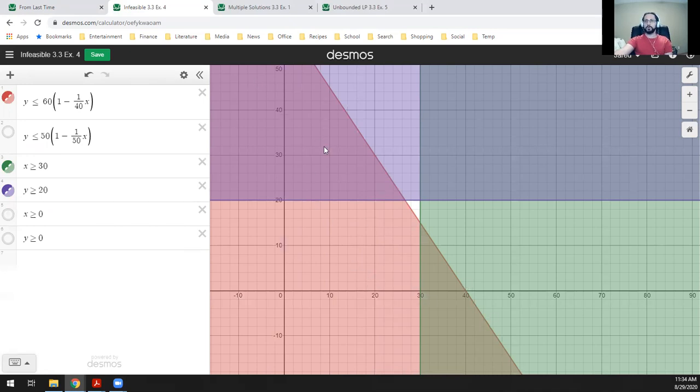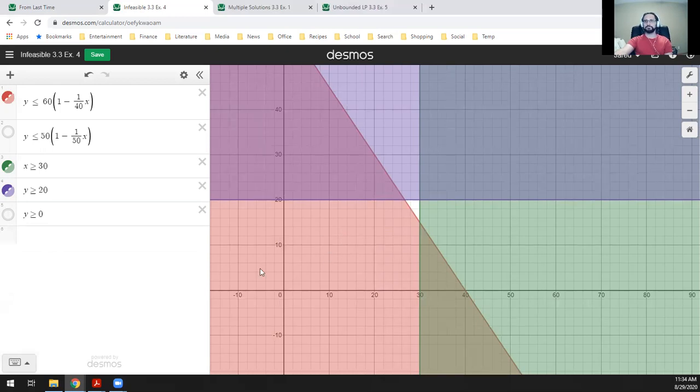There are no points falling both below this line and above this line, so there are no feasible points for this LP. I didn't even bother plotting the objective function because I can see that no matter where I put it, the objective function can't live both in this top corner and in this bottom corner.